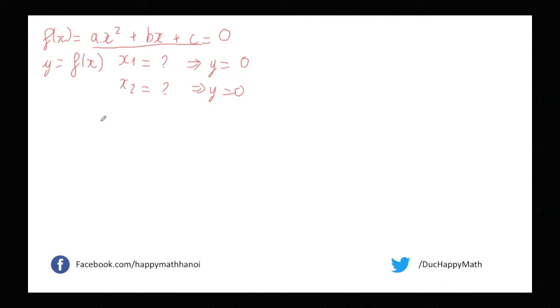The first is a greater than 0, and the second is a less than 0. The general form of the quadratic function is a parabola, like this or like this. And you can easily recognize that the parabola has a symmetry line in the middle.